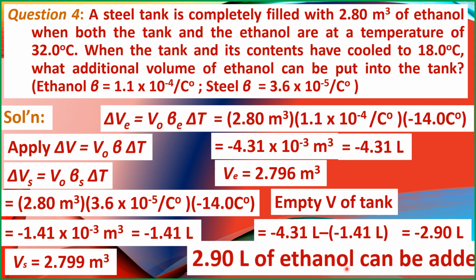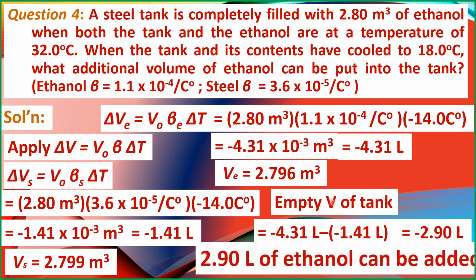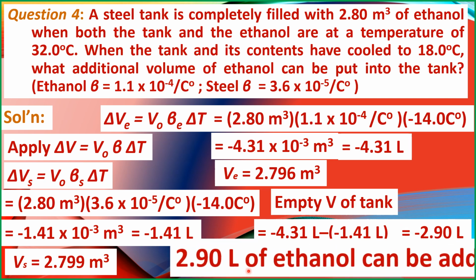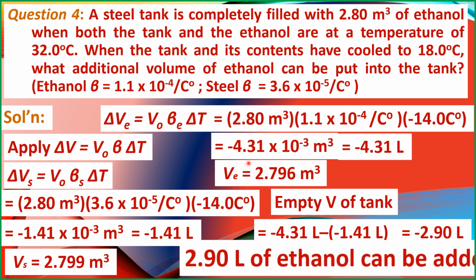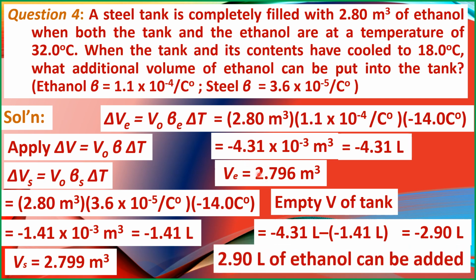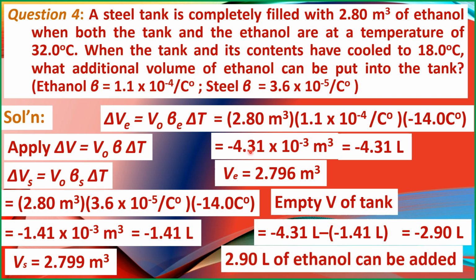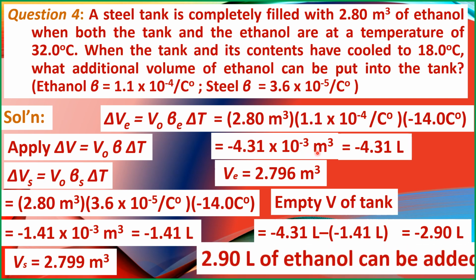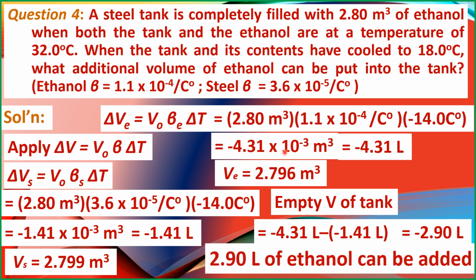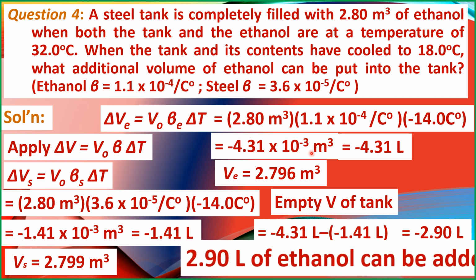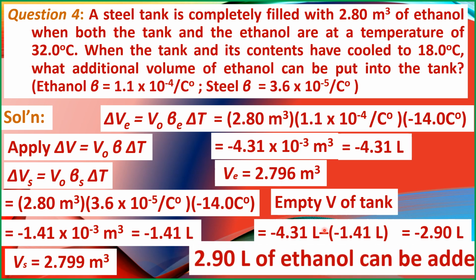You can also check, instead of using the volume in liter, you can also determine this amount of ethanol that can be accommodated by subtracting the delta V E in terms of meter cube, negative 4.31 times 10 to the negative 3 meter cube, that's for ethanol. You will still get the same value.